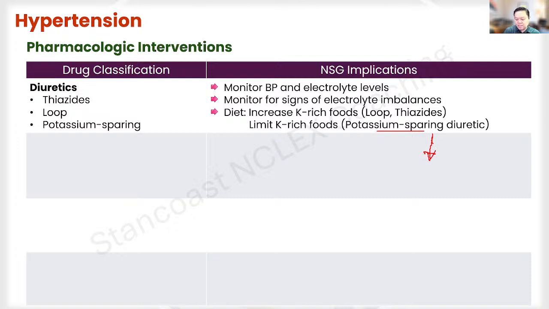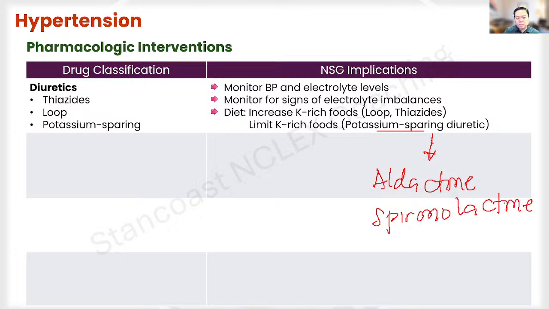An example of this is Aldactone, or simply known as spironolactone. Spironolactone. So these medications are known to conserve what? Potassium.